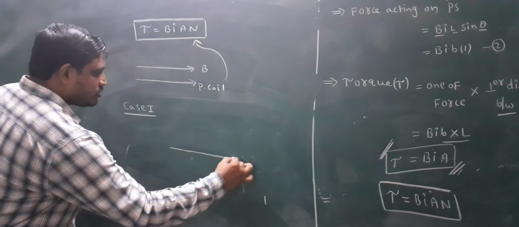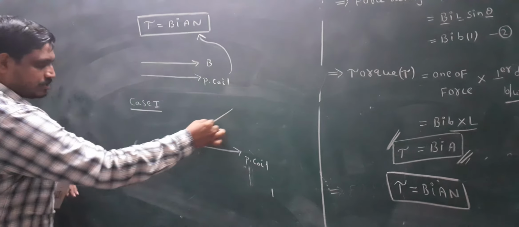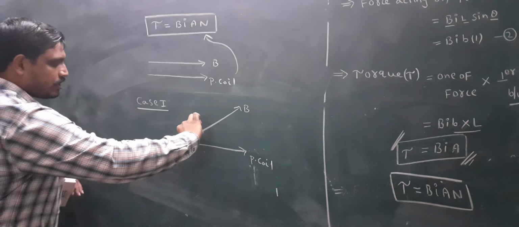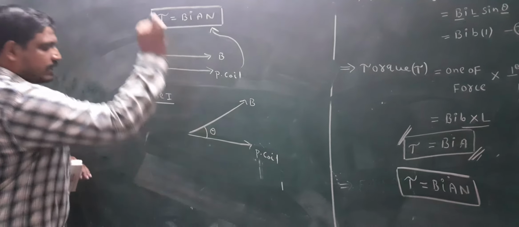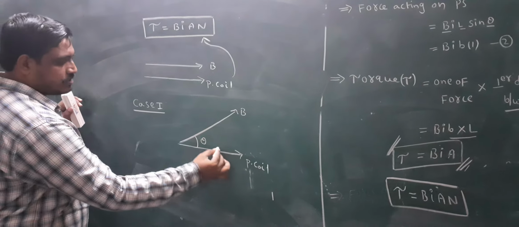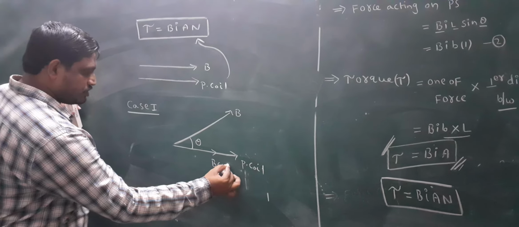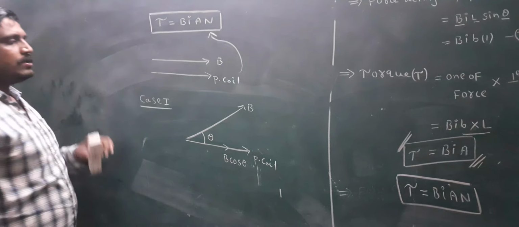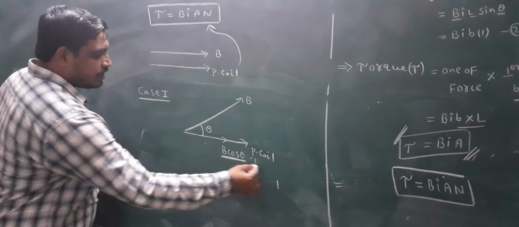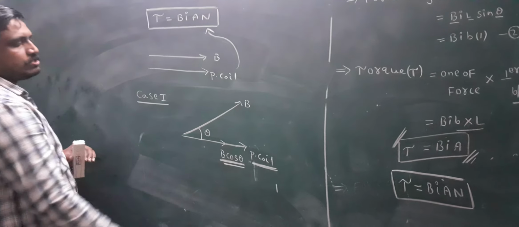In this situation, this is the plane of the coil, this is the magnetic field. Both make an angle theta. We know the resolution of vectors: the component of magnetic field parallel to the plane of the coil is B cos theta.